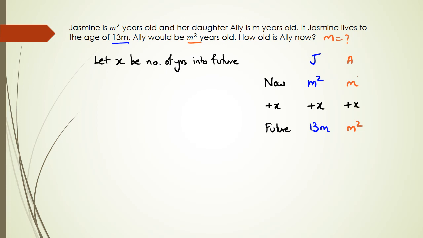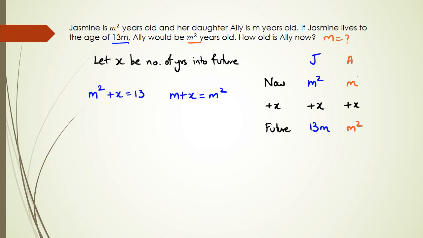Her age is going to be m squared. So I've set myself up two equations. The first equation is m squared plus X equals 13m, and my second equation is m plus X equals m squared. I'm hoping you can see simultaneous equations forming here.